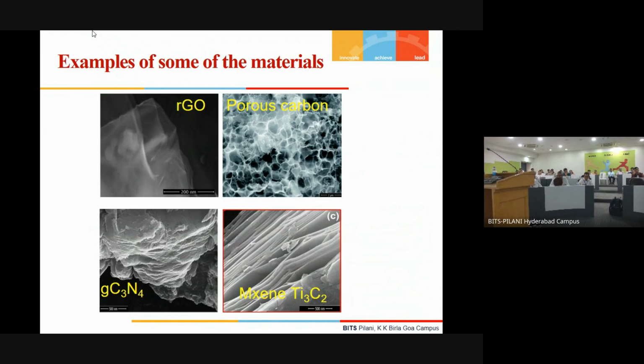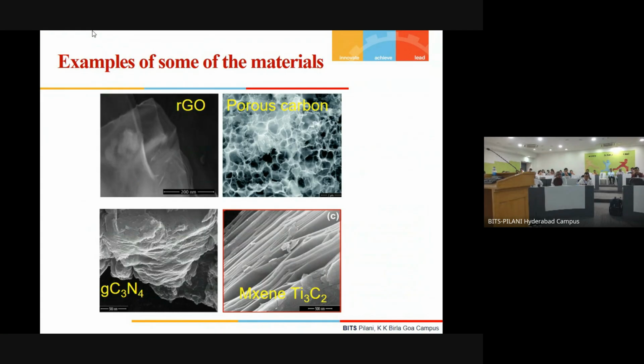Here is an almost brand new material, but right now it's a very hot material. At Drexel University, Professor Yury Gogotsi synthesized it in 2011. It is a layered structure of titanium carbide, though we call it titanium carbide, its surface is also functionalized by terminal groups like oxygen, fluorine, and OH minus.